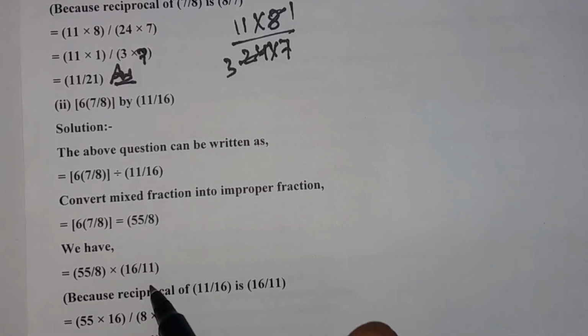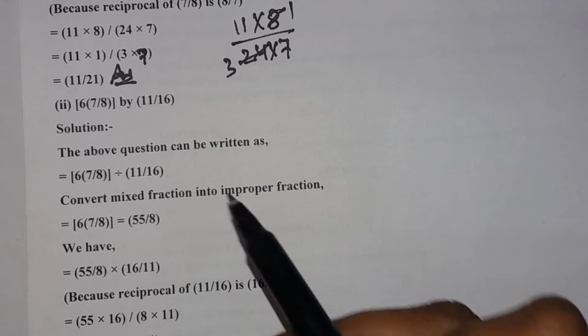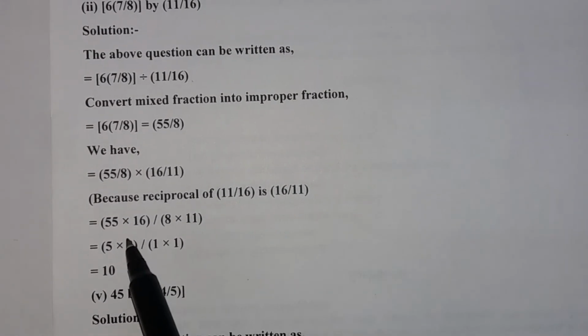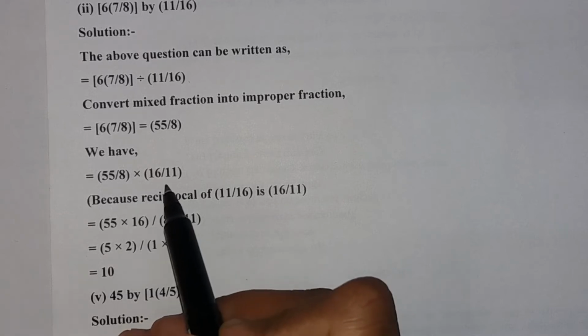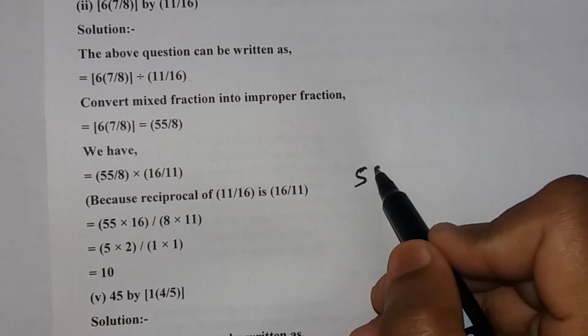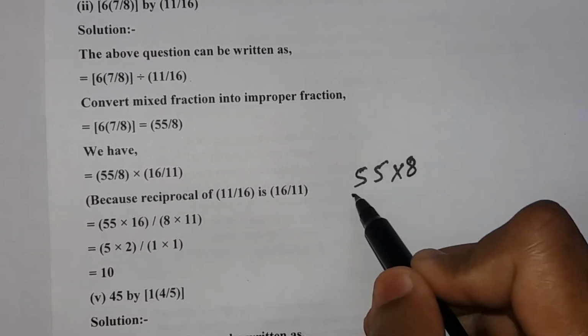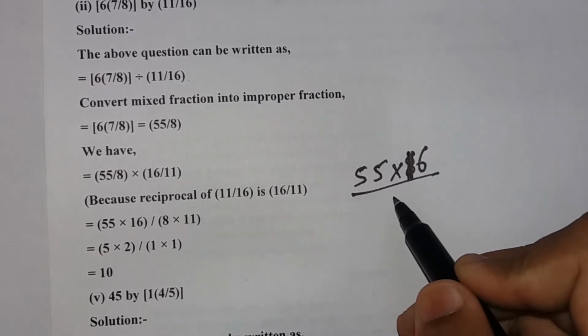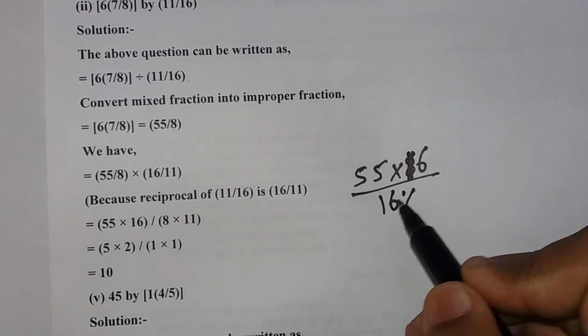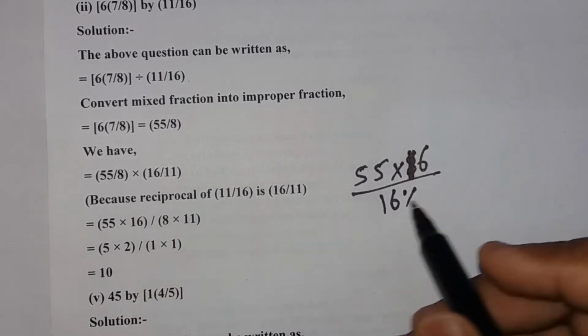So by converting it into improper form, it will become 55 upon 8 into 16 upon 11. We can do its reciprocal. So by solving it, 55 will multiply by 16 and 8 will multiply by 11. So we can write 55 into 16 divided by 8 into 11.